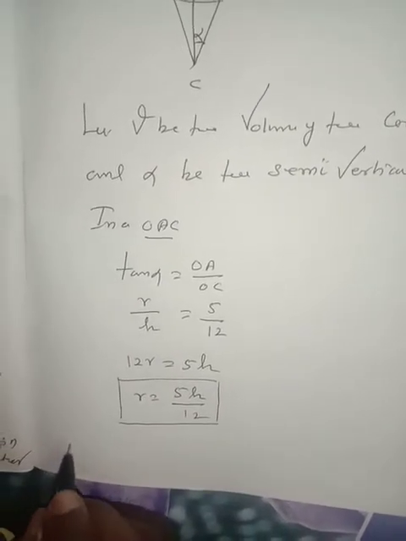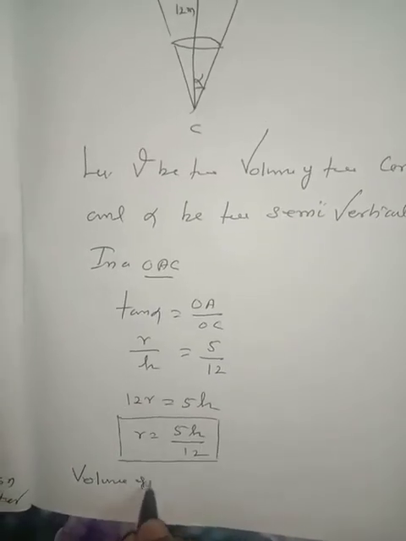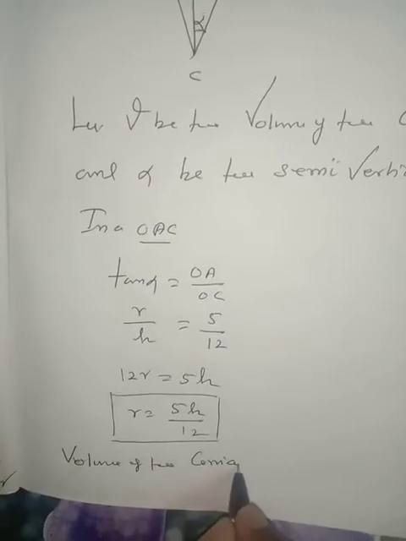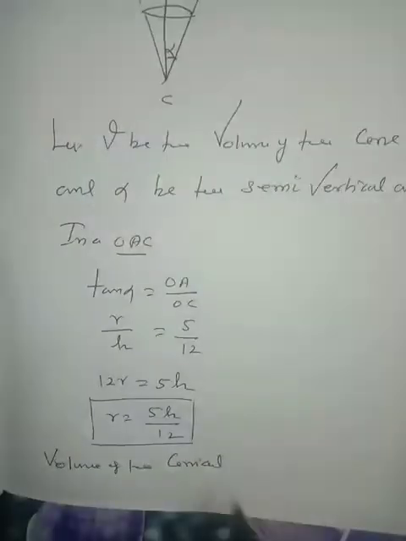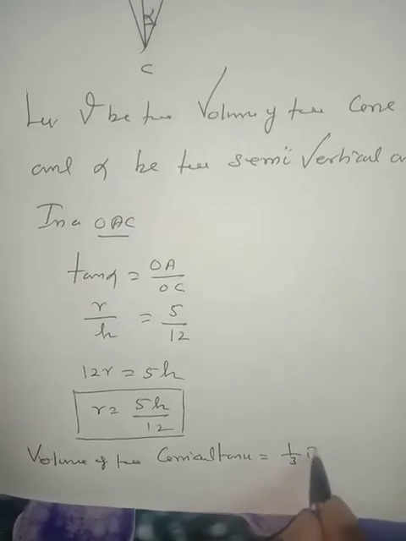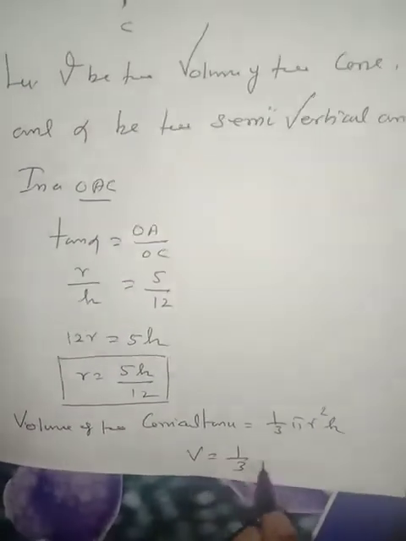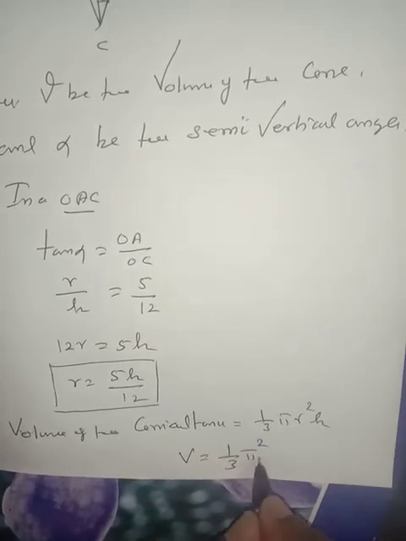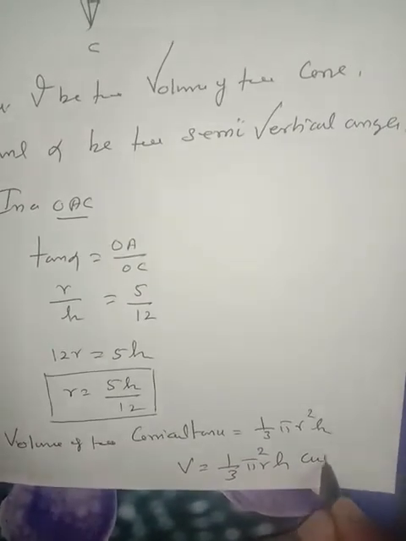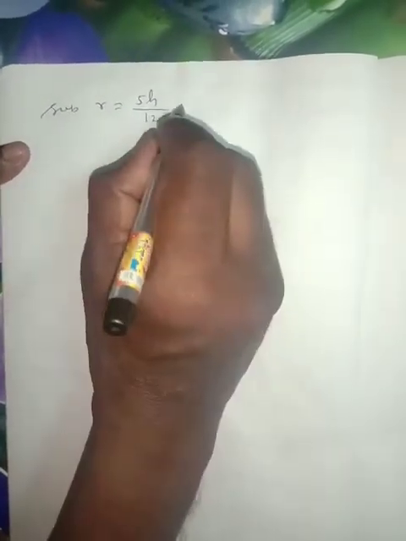We know that the volume of the conical tank is 1 by 3 pi r square h cubic units. Substitute R is equal to 5h divided by 12 in volume.